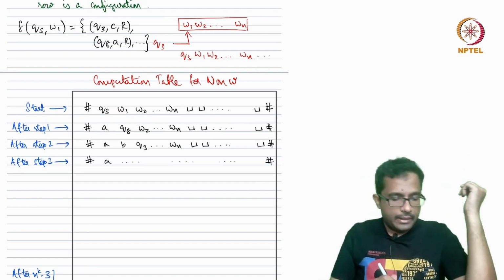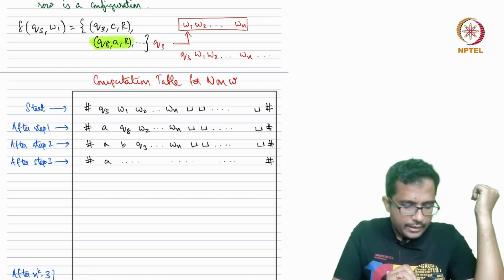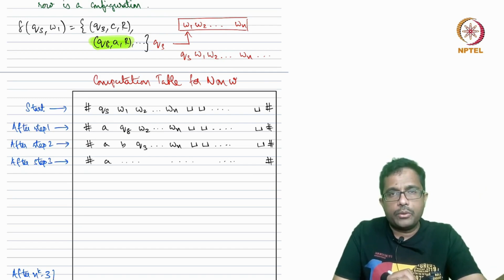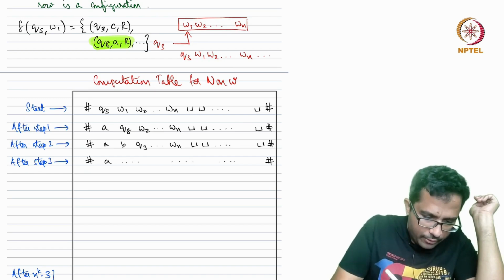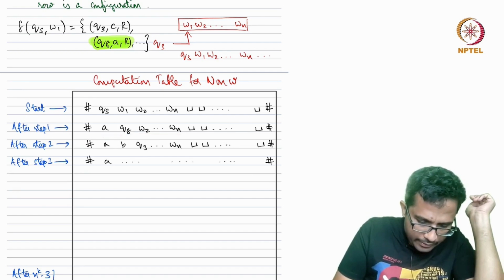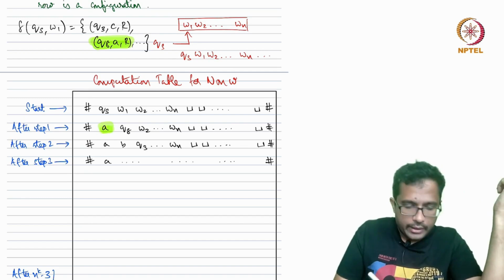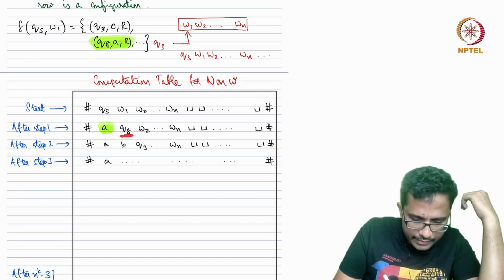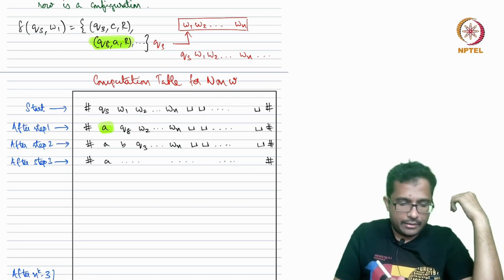Let us take one option. Let's take the Turing machine opted for this option. It moves to state Q8. It writes A in the location where W1 was, and then it moves one step to the right. So that corresponds to the second configuration written here. So the A is in the first location in place of W1, and then the tape head moves right. That is why the state Q8 is written in the second location now, because after this move the tape head is pointing to the second symbol.